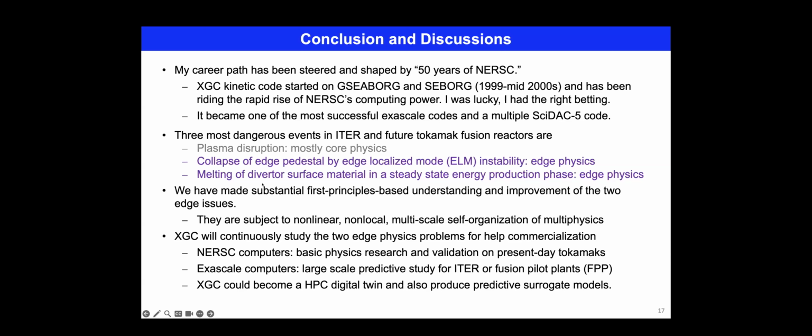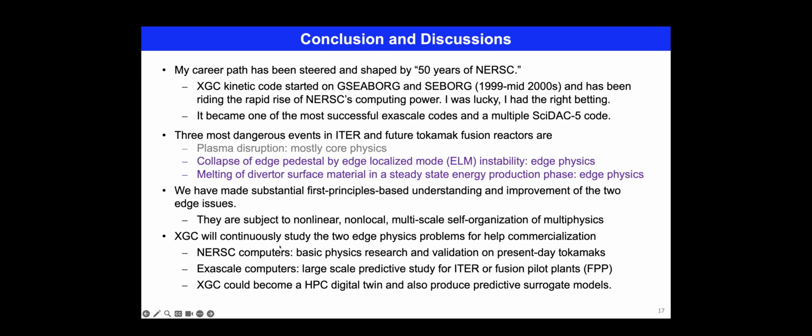And then the melting of divertor surface material, which I emphasized in this talk. These 2 are edge physics. We have made substantial first principles-based understanding and improvement of the 2 edge issues. They all became SC highlights, and they are subject to nonlinear, non-local, multiscale self-organization of multiphysics. Not an easy subject. We need HPC.